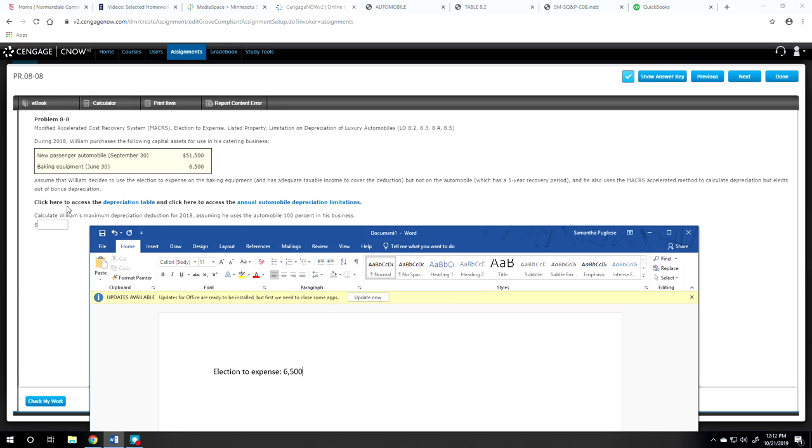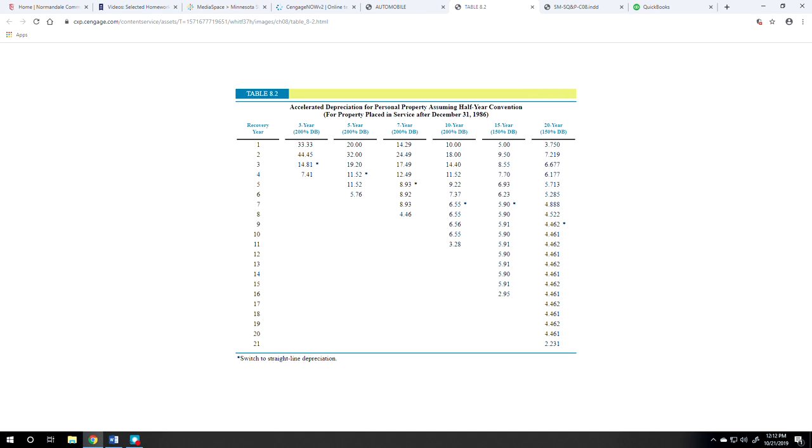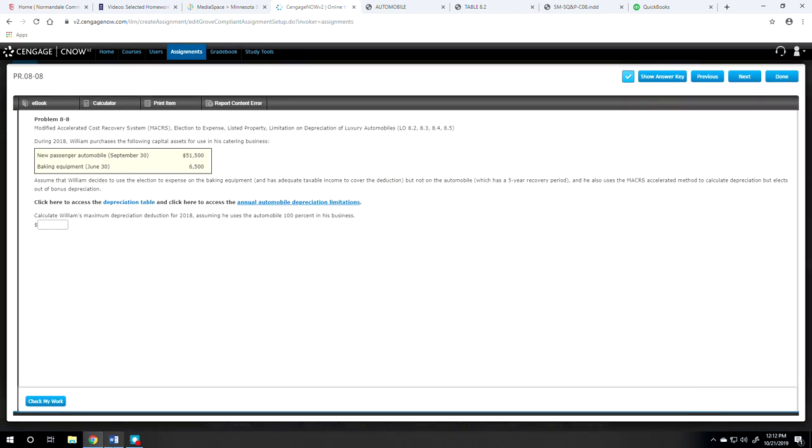So first we need to look at the depreciation table, which I have right here. And remember, they told us this was 5-year property, so we're in this column. And this is the accelerated depreciation table, so we're on the right one. They gave us the right one in the problem. This is recovery year 1, so that is 20%. Let's go back here.